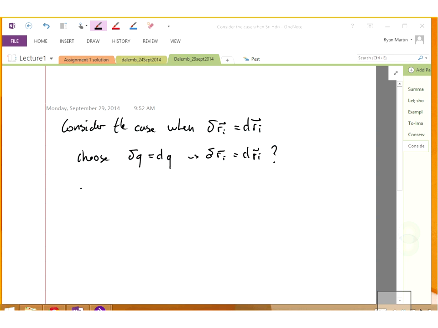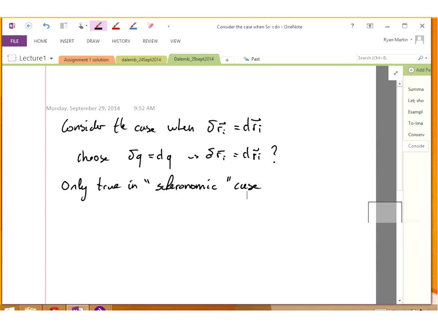This is only true in the scleronomic case. So delta q equal to dq implies that delta r_i equals dr_i only in the scleronomic case. So what was the scleronomic case? The scleronomic case is when the transformation equations from the r_i's to the q's do not depend explicitly on time.